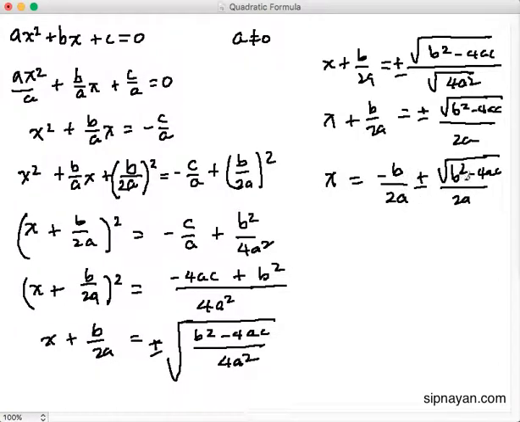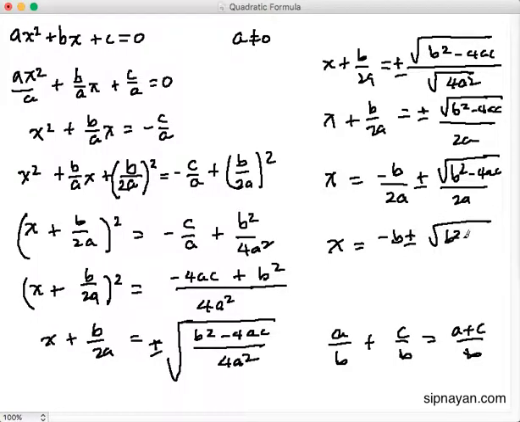And again, this is a similar fraction, di ba? So, pag sinabi mong a over b plus c over b, pwede mong sabihin a plus c over b. So, pwede ko na i-combine itong nasa taas. So, I can say that x equals negative b plus minus square root of b squared minus 4ac all over 2a. So, ang tawag natin dito sa equation na ito ay ito yung quadratic formula.